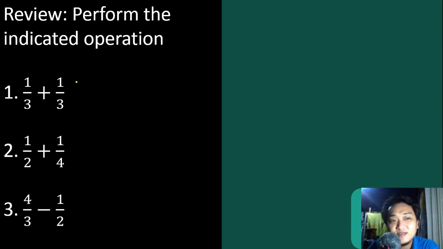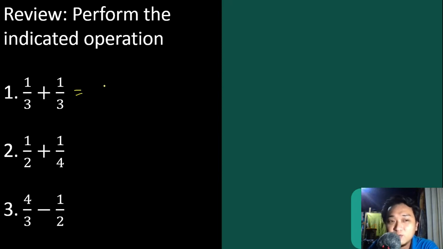Okay. So, hatiin natin sa dalawang section yung ating magiging discussion today. Unahin muna natin as to how to add a similar rational algebraic expression. And then later on, I'm going to share with you how to add or subtract dissimilar rational algebraic expressions. For the meantime, let us try to answer the following examples.